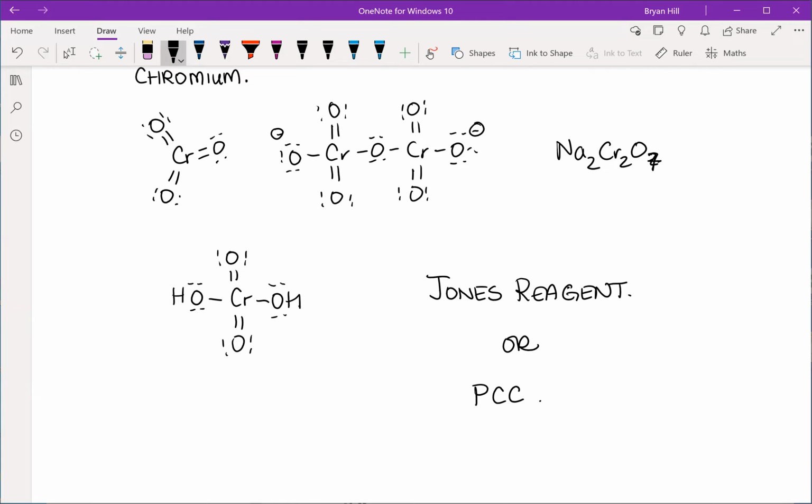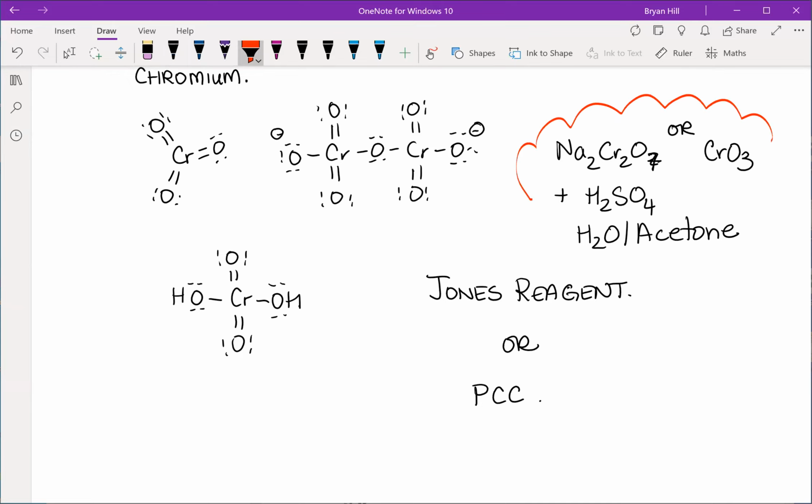So Jones reagent, you make it by either adding Na2Cr2O7 plus H2SO4 in water and acetone, or they make it from CrO3 with sulfuric acid, water, and acetone. So Jones reagent is basically a cocktail of these reagents. So what I'll often do is just write Jones.